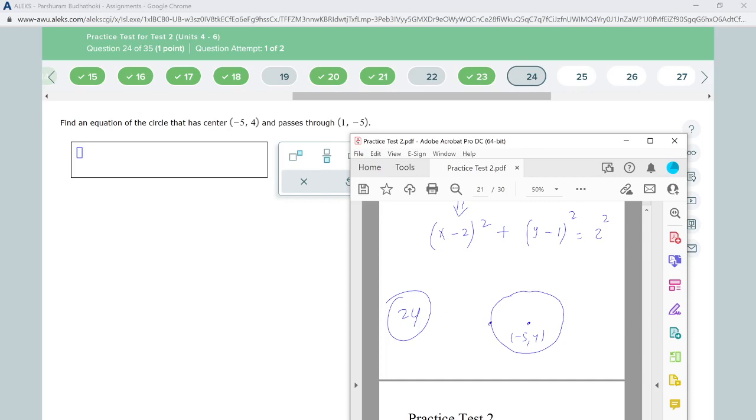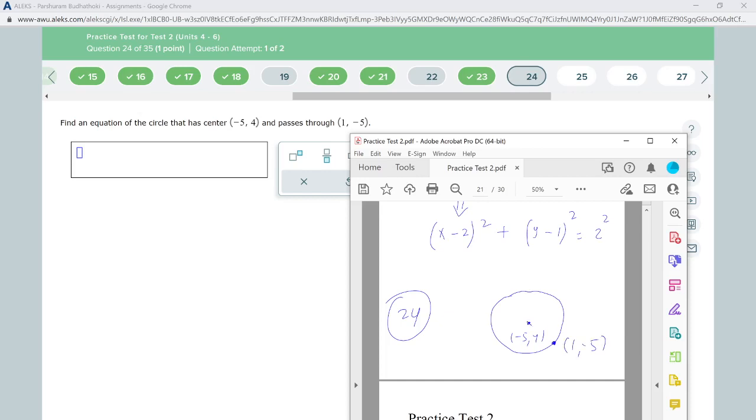I'm making a mistake here. So it's -5, 4, and 1, -5 somewhere here.